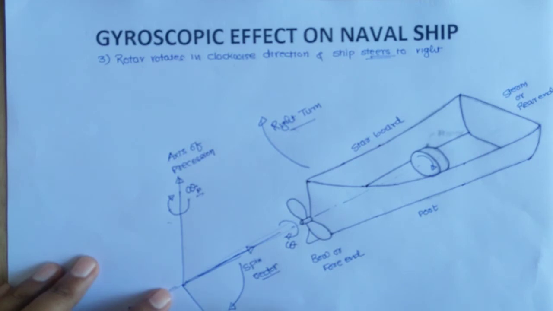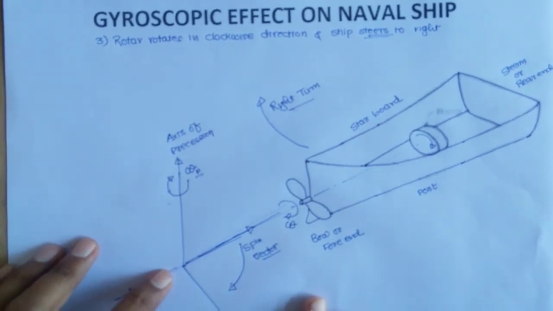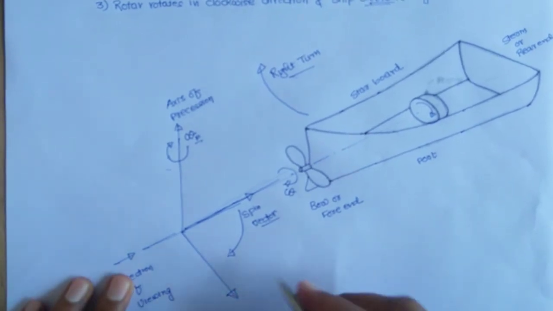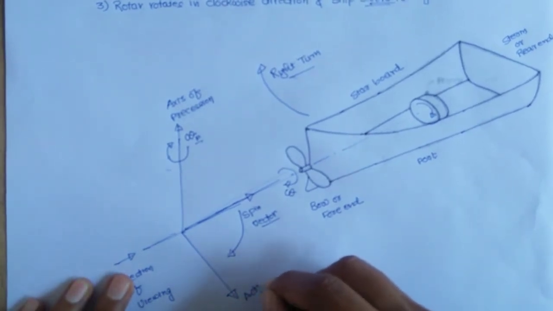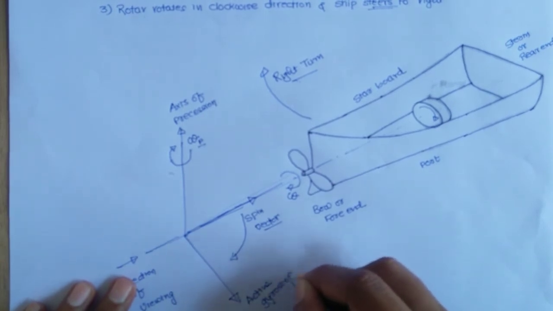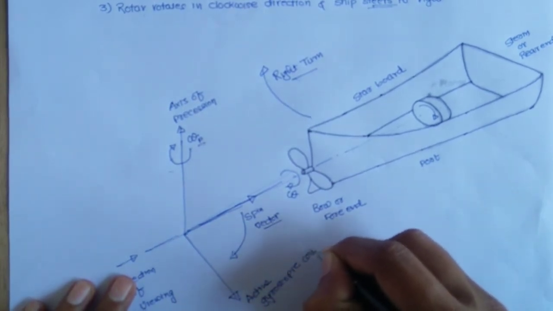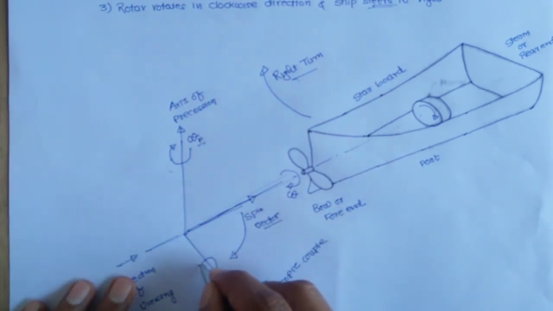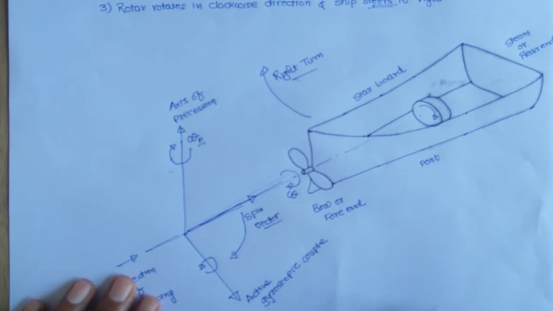this vector will be our active gyroscopic couple, and this is the sense of rotation.